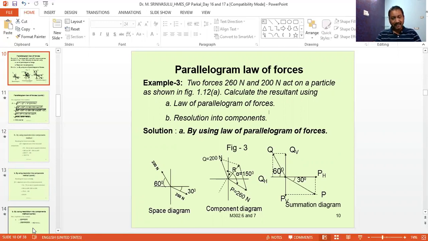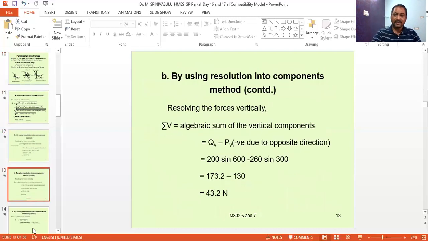So that is nothing more, the vertical component of the force P is 260 into sine 30, and it is negative. So 260 into sine 30 degrees, that is a negative value.